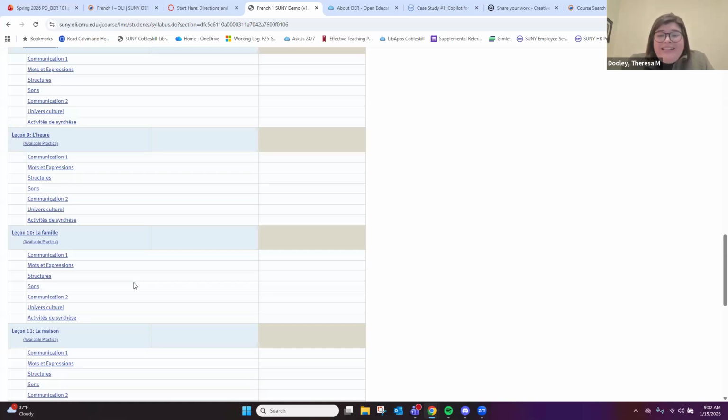And remember, because it's openly licensed, you don't have to take all of it, right? If there's reading recommended in one of these, you can use just the reading, or you can use just the assignments. You can pick and choose which part of these you want to use. You don't have to do the entire thing.